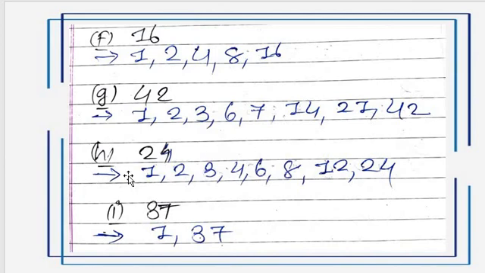Understood? Then H, which is 24: 1, 2, 3, 4, 6, 8, 12 and 24. And I, 37: 1 and 37. See, in table number 37 only those factors will come. 37 ones are 37. Understood, my dear students? I hope you all understood.